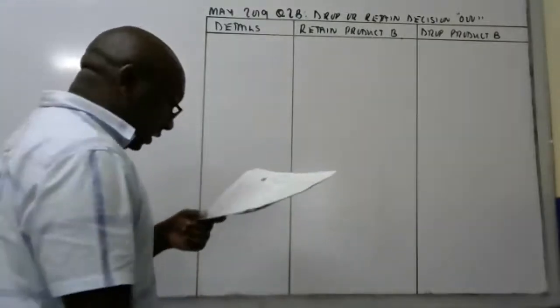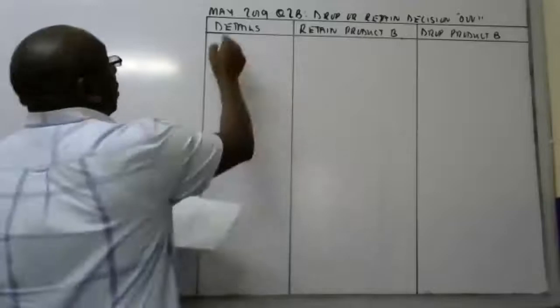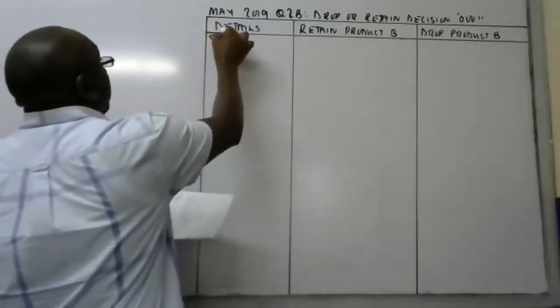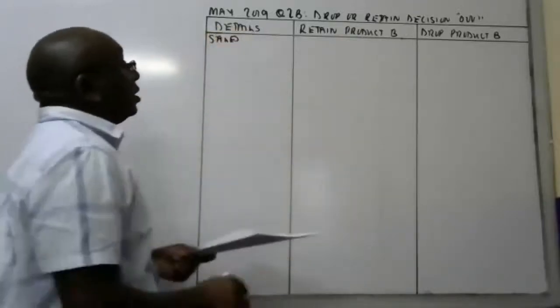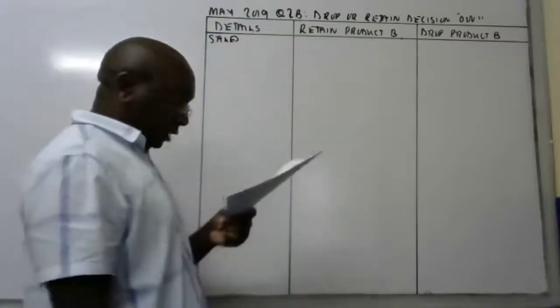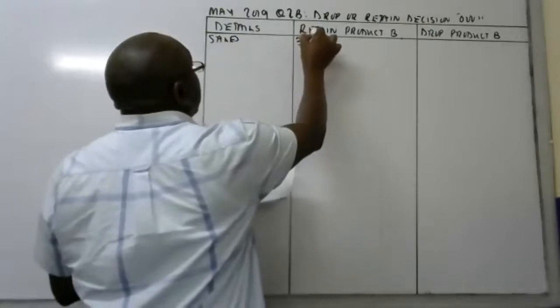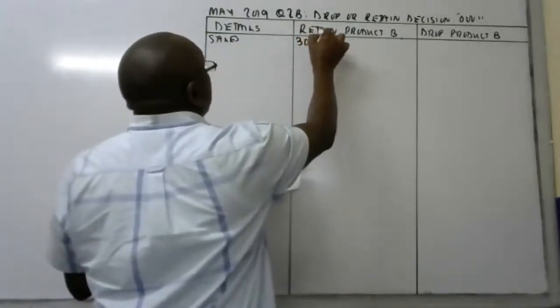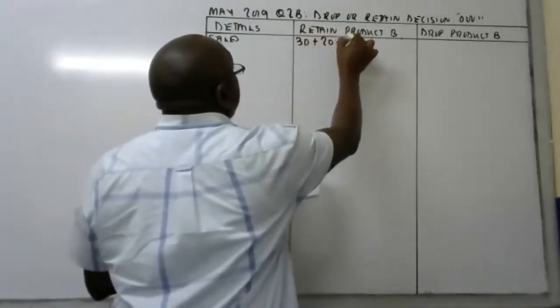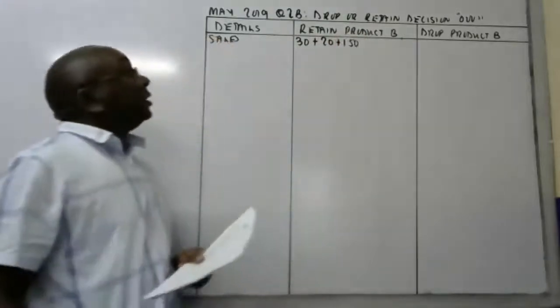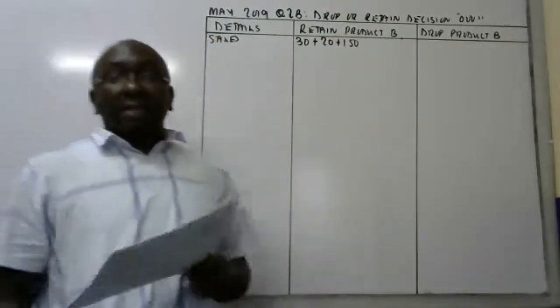So if we decide to, or rather, what will happen? We will have sales. So if we are retaining, I told you everything remains. So we will have 30 plus 20 plus 150. How much is that?